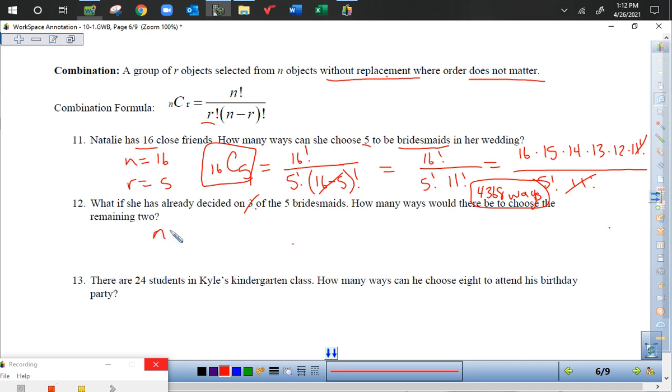So my N is only 13 now because 3 are already gone. Similarly, we don't have to make 5 choices anymore. We've taken 3 of them out, so we only have 2 choices. This would look like 13C2, and that's something you can type in. Practice that now. Hopefully you got 78 ways.